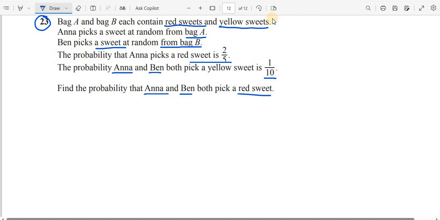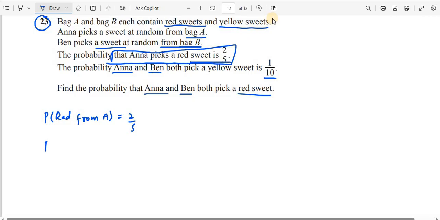So first of all, we write the given data. Probability of red from A is 2 by 5.